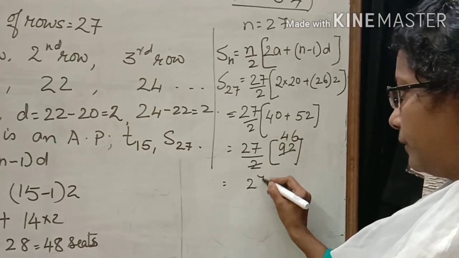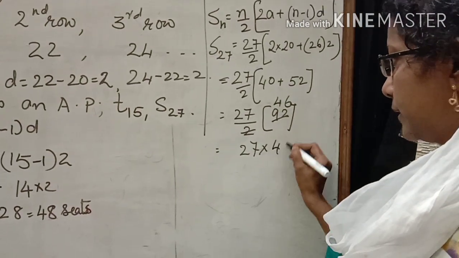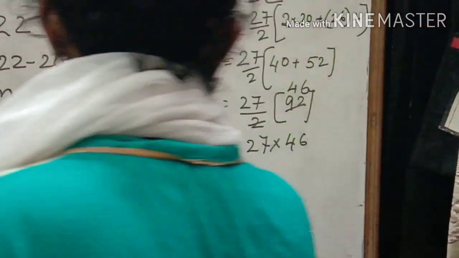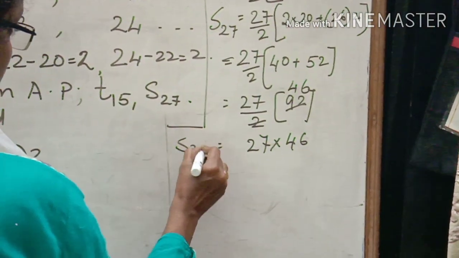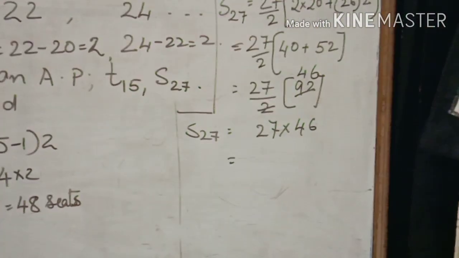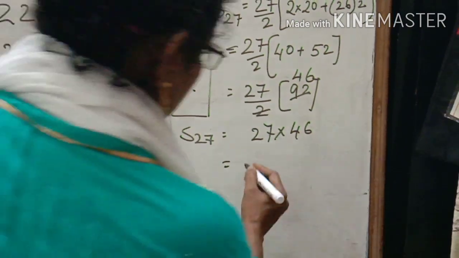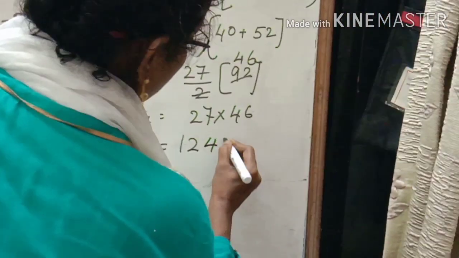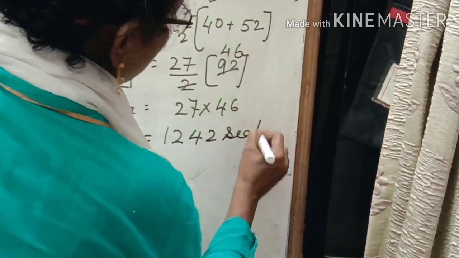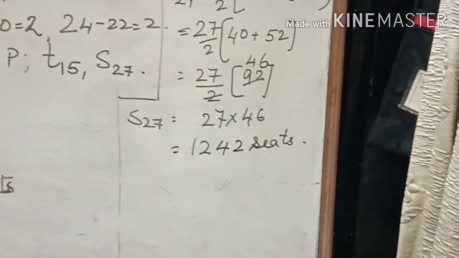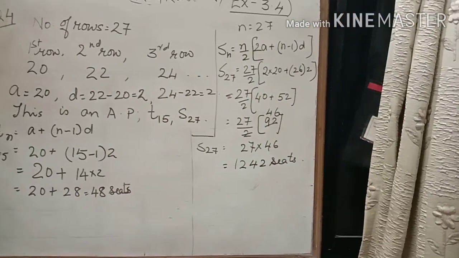So 27 into 46 we have, is equal to, total number of seats is 1242.